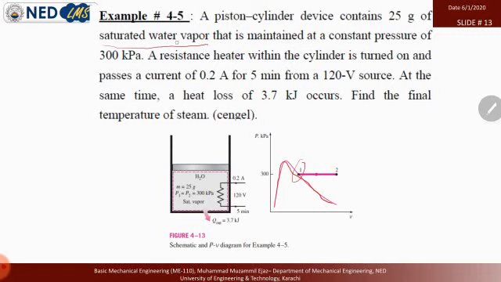So even if they didn't show this diagram, you can get the idea that the substance inside the cylinder is saturated vapor. It means that it is 100% steam and has a quality of 1.